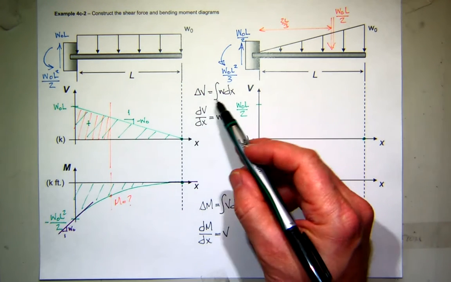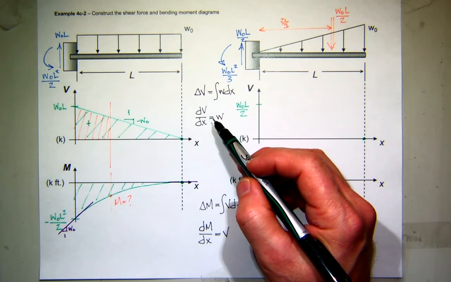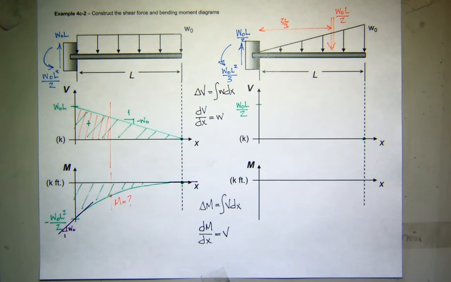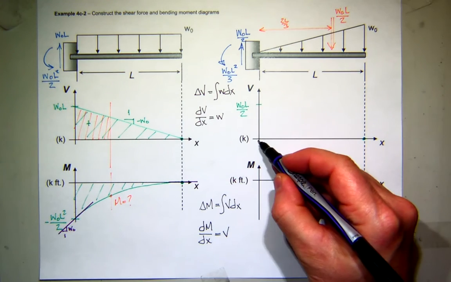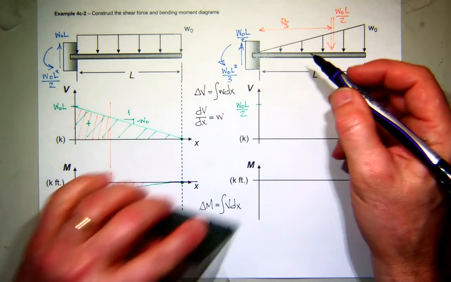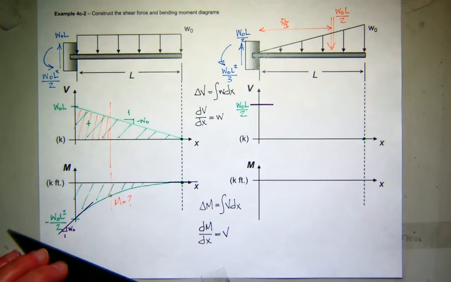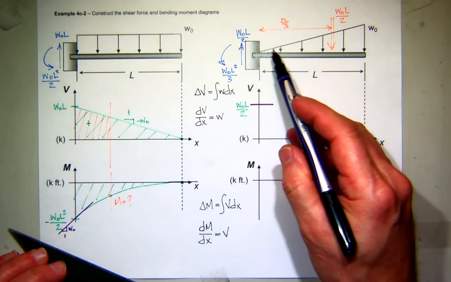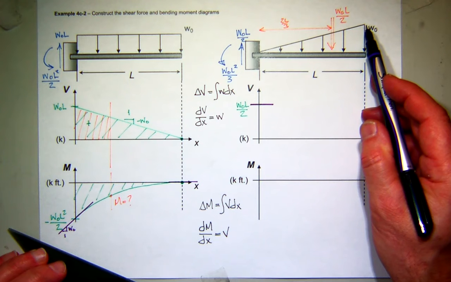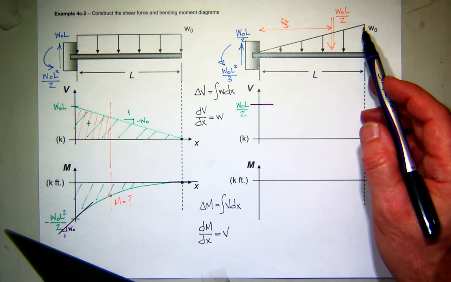What's the shape of the curve? What's given by the load? So starting here, what is the load at the beginning? 0. So I got a 0 slope. And then the load increases to a maximum slope at the end. Is that a positive load or a negative load?